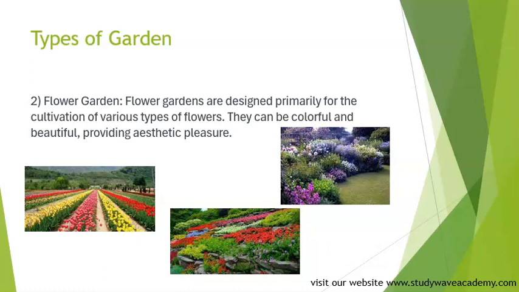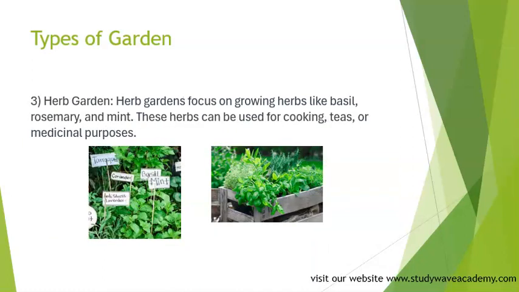We also have the herb garden. The herb garden focuses on growing herbs like basil, rosemary, and mint. These herbs can be used for cooking, teas, or medicinal purposes.